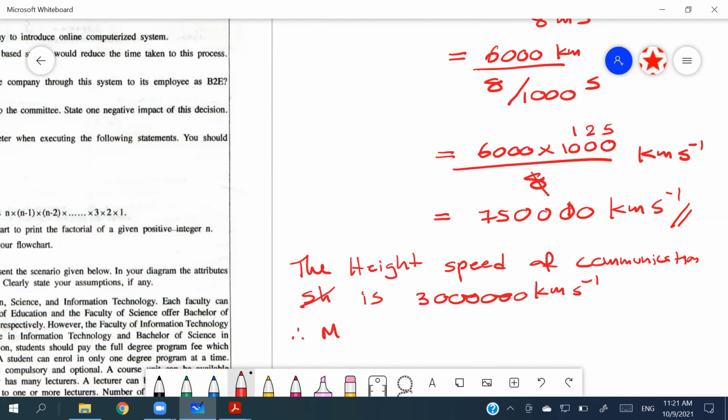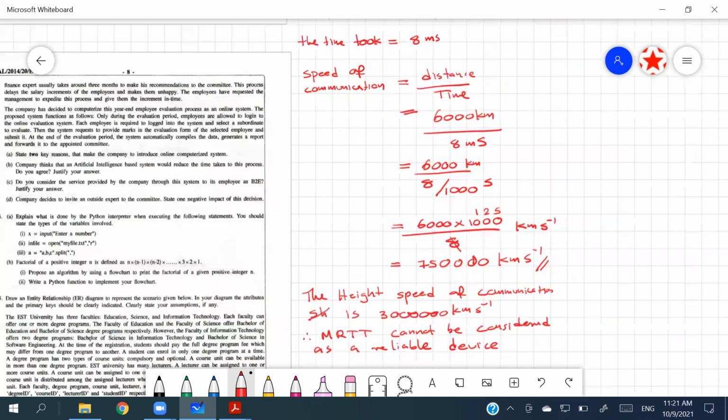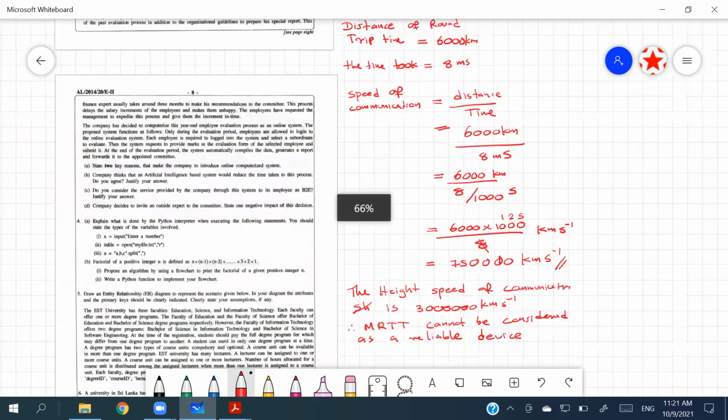Therefore, MRTT cannot be considered a reliable device. Okay, people, is that clear? You can approach this in many different ways, people, right?